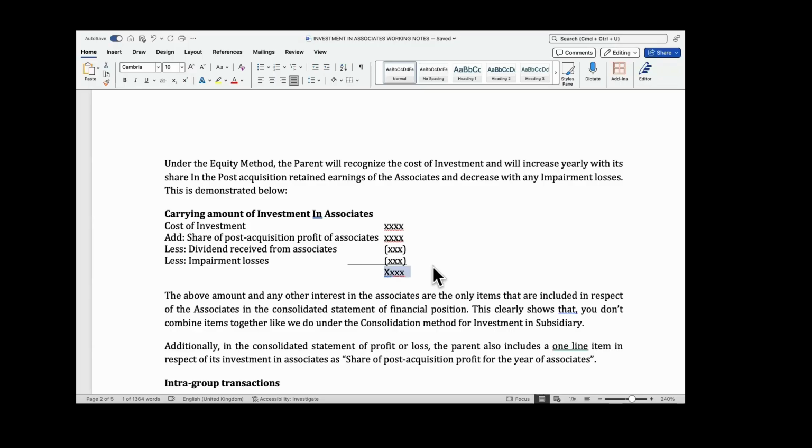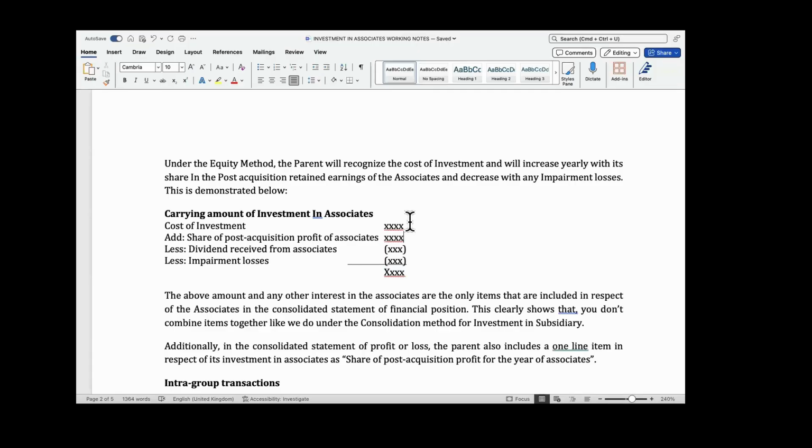There's nothing like negative assets in IFRS. You have either assets or liability. When your share of losses turns your investment into negative, you just leave it, you exclude it at the point it is zero. There's no point putting it again because you cannot have negative. It would become an obligation, a liability. And in this case, you don't have any obligation.